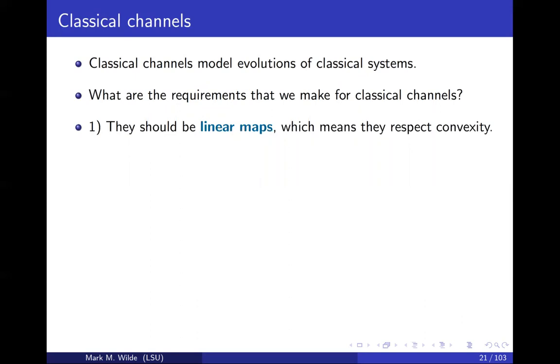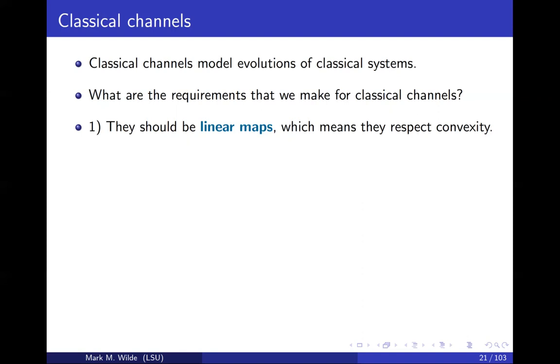Suppose that a classical system is in some state, and then you apply the classical channel. There will be a particular probability distribution for the output. Suppose the input classical system is in a different classical state, and then you apply the channel, then there will be a different output probability distribution, okay?